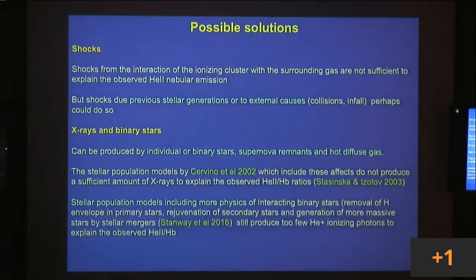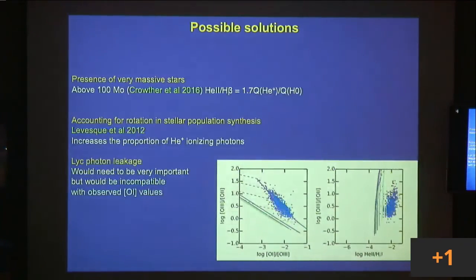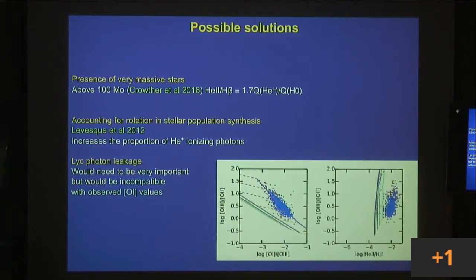So, okay, there are many possible solutions like shocks, X-rays, and binary stars, etc. Presence of massive stars, accounting for rotation population synthesis, which would enhance the effective temperatures, or photon leakage.